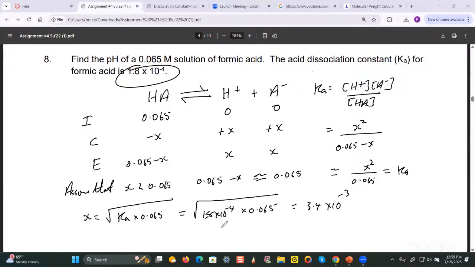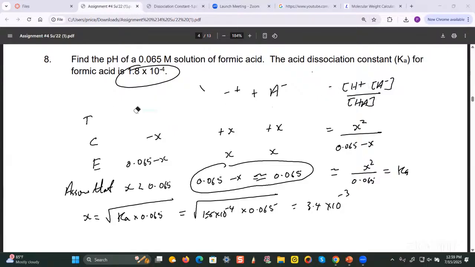All right. Now we have to test to see if the approximation that we made here is valid. If you remember, the way we do that, as I mentioned earlier, is we determine the percent dissociation, right? Because I'm going to need some space, I'm going to erase up here.